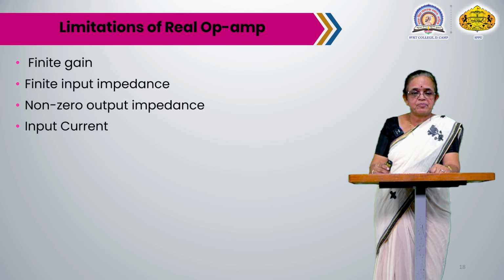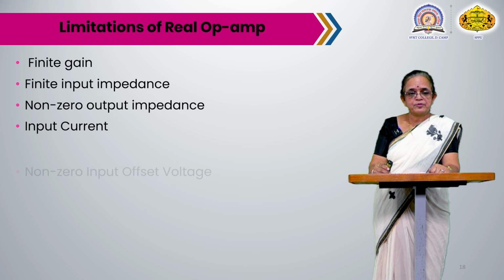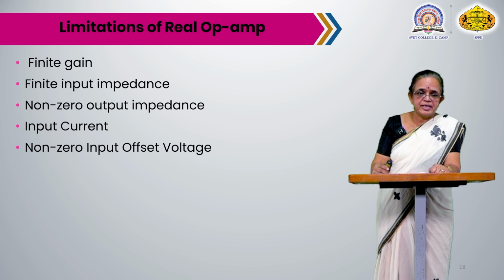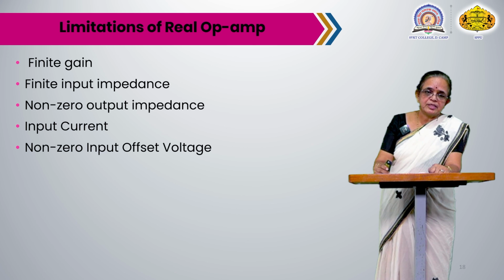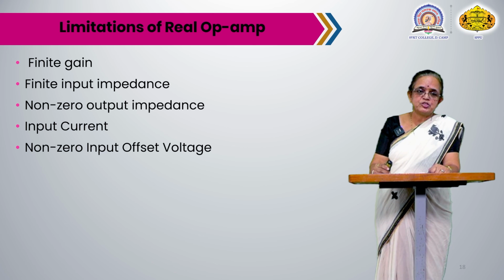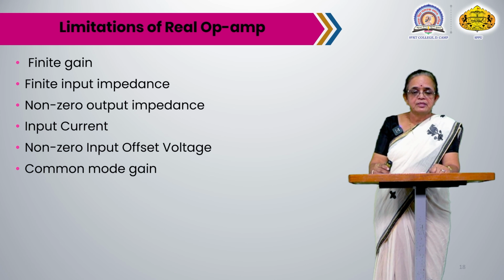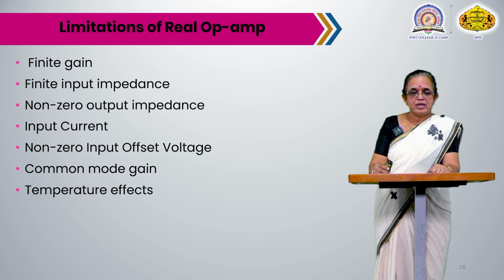But in a real op-amp there is a connection, and therefore there will be input current. Input offset voltage for an ideal op-amp is 0, but in a real op-amp it is non-zero, having some finite value. Common mode gain for an ideal op-amp is 0, but in a real op-amp it has some value.